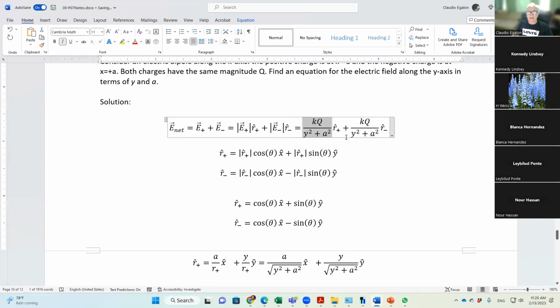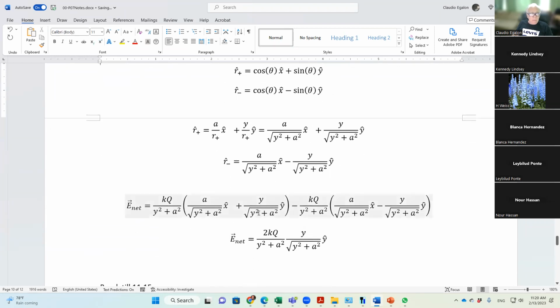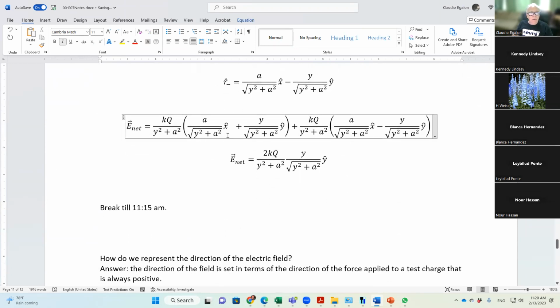The magnitudes of the electric fields are the same because the distance is the same. That is correct, no problem here. So the problem was right here. And once we fix that, the y hat cancels out, and we end up with something like that, with x hat here. Okay, so remember that.